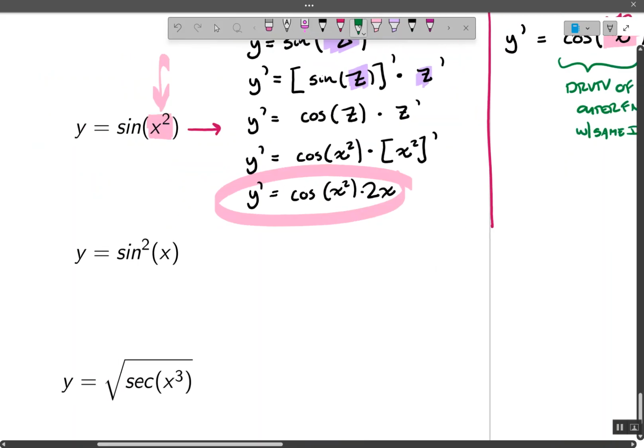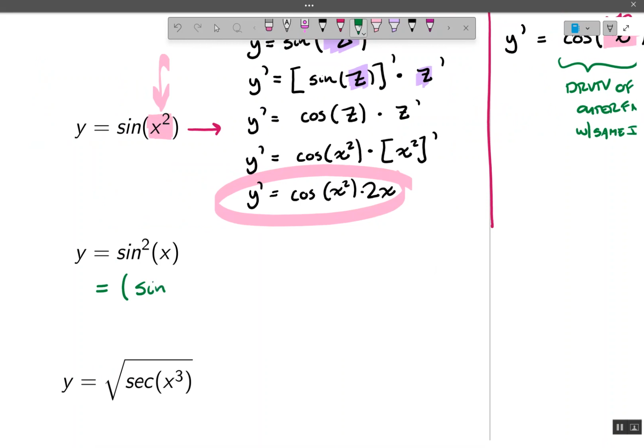Couple more practices here. So like we did today in class, the meaning of sine squared of x is sine of x squared. So the function that we're looking at is something squared.